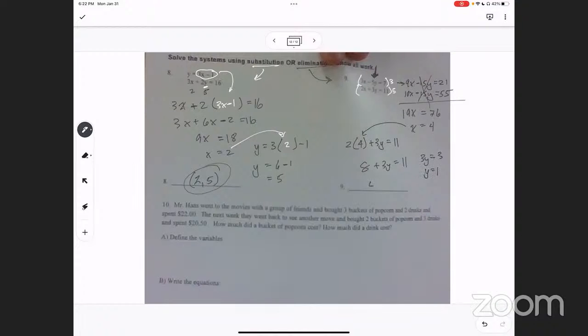So my point is 4 comma 1, and you can check it by plugging 4 and 1 into the top equation and making sure that works. 4 times 3 is 12, minus 5, which is 7. It worked. Notice I don't have to plug it into the bottom one because I used the bottom one to find that second value. So it's obviously going to work in that one.